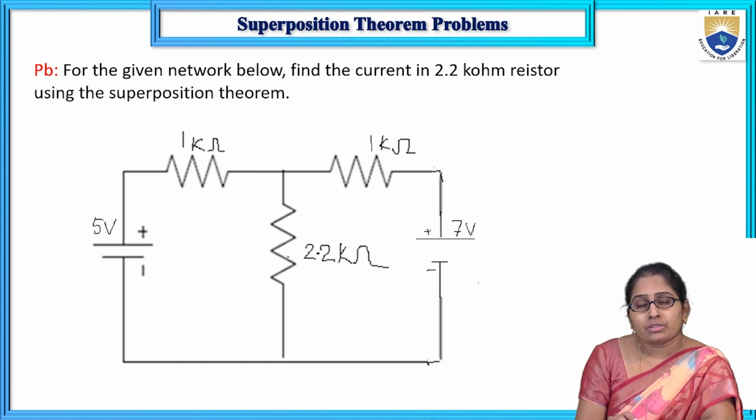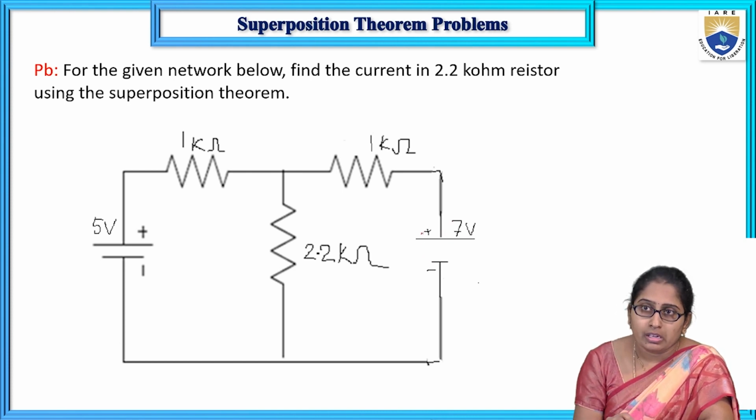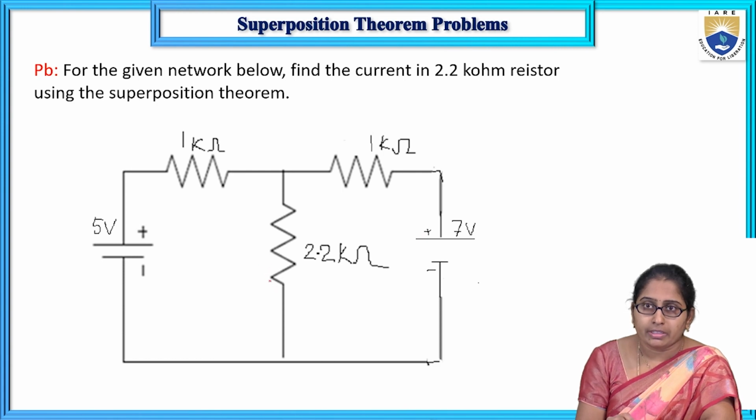Next, we replace the 5 volt source with a short circuit and consider only the 7 volt source in the circuit, and find the current in the 2.2 kilo ohm resistor.